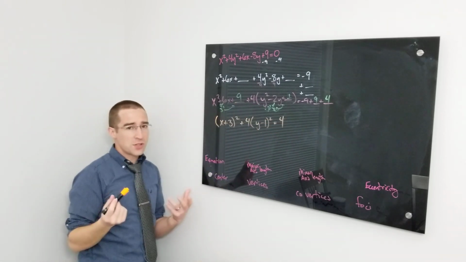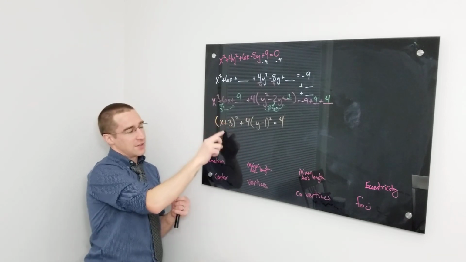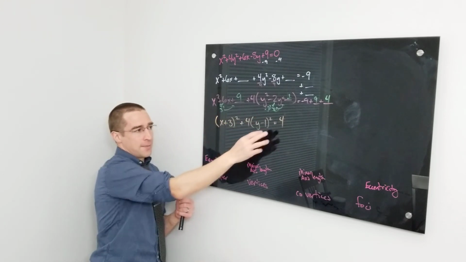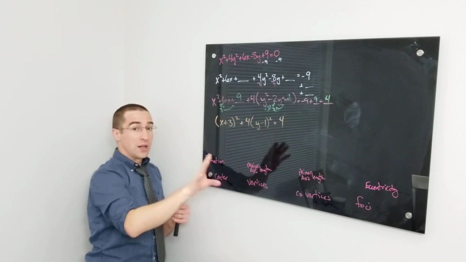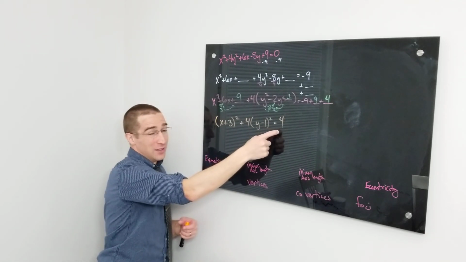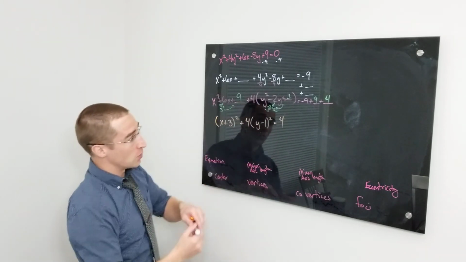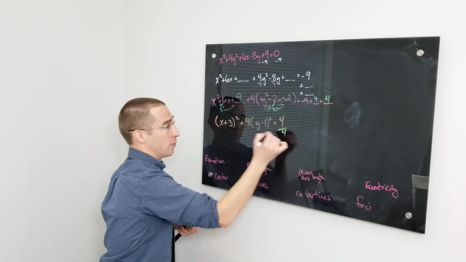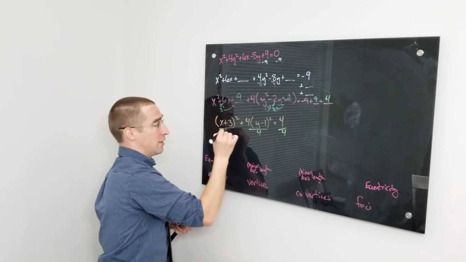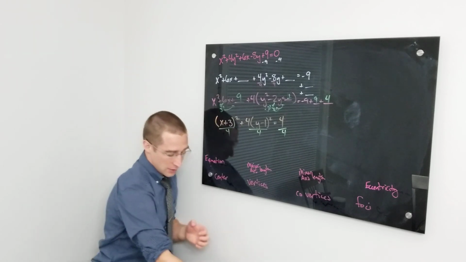So we're close to what we want, but we're not quite there. Remember, we wanted this divided by something plus this divided by something equals 1. So what I need to do now is make that into a 1, and we're going to do that by using division. I'm going to divide both sides of the equation by 4.